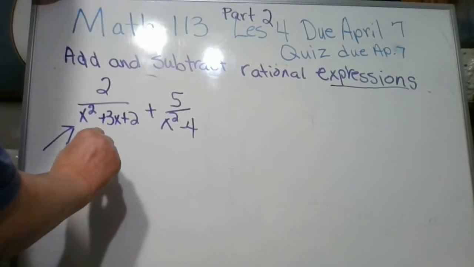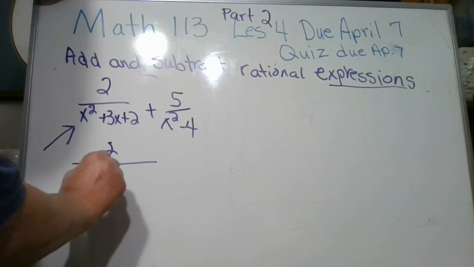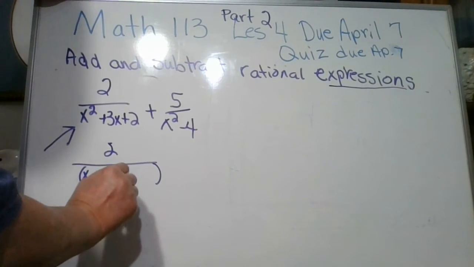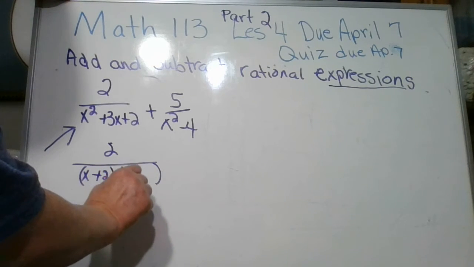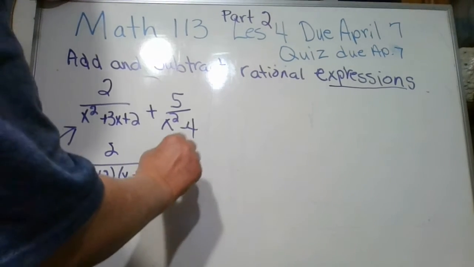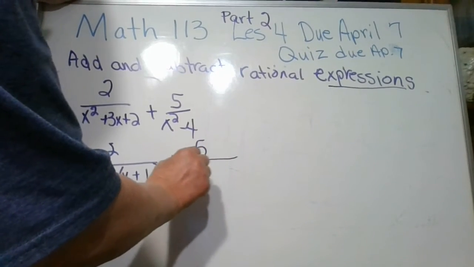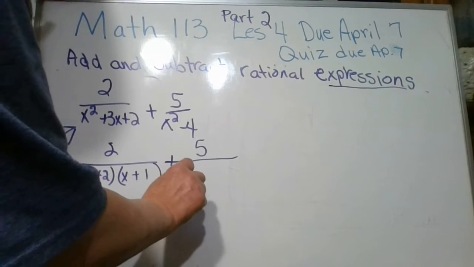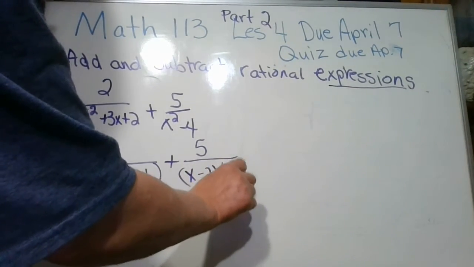So I'm going to have my 2 over, and I know this is going to be x and x, plus 2 plus 1. I come over here and I'm going to add 5 over, oh nice, difference of 2 squares, x minus 2 times x plus 2.